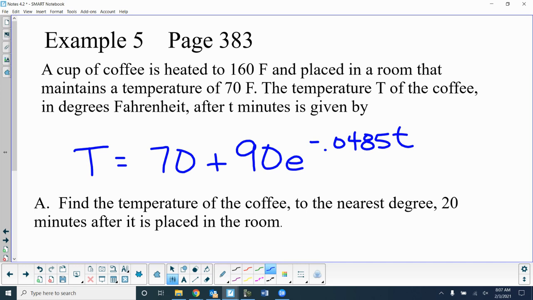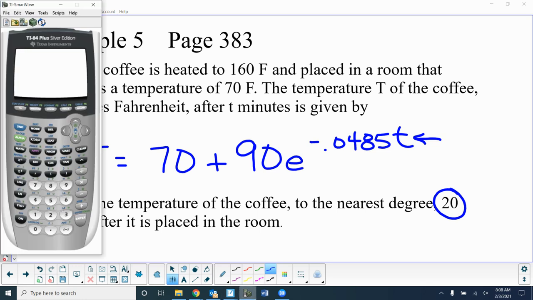Okay? So I can put 20 in for t there, right? So I can just plug that into your calculator. So 70 plus 90. Now, this is E to this power.